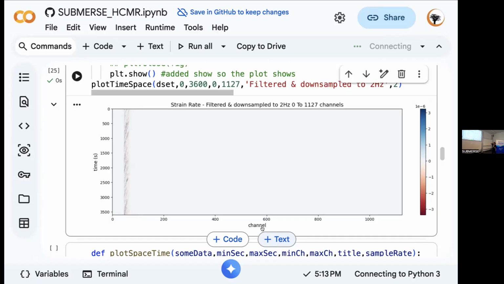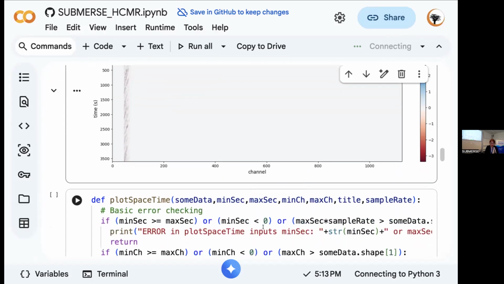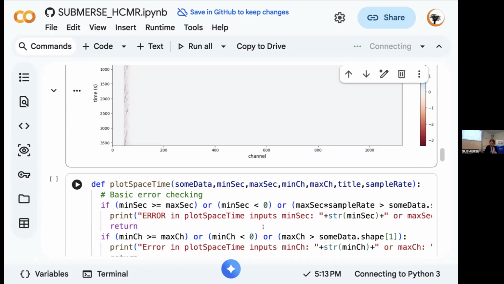Again, the channels in this file are 1127. They're downsampled by 10, so you have to multiply by 50 to get the actual channels from the original files.